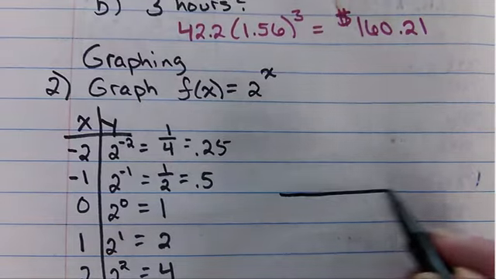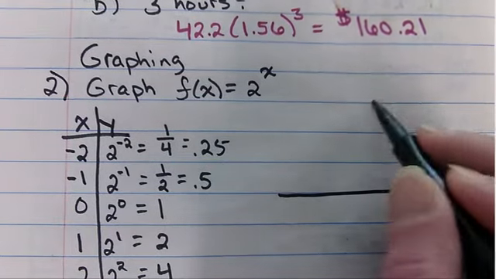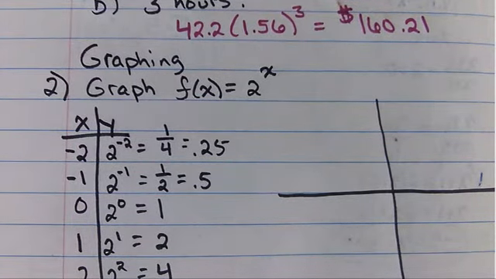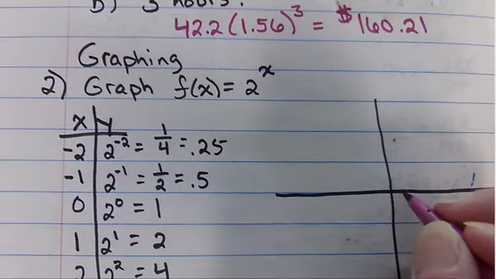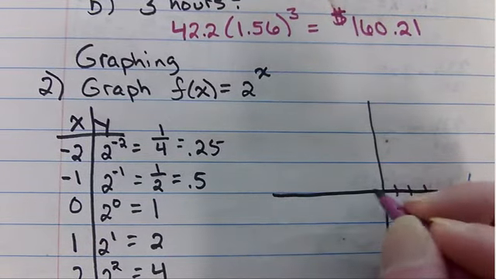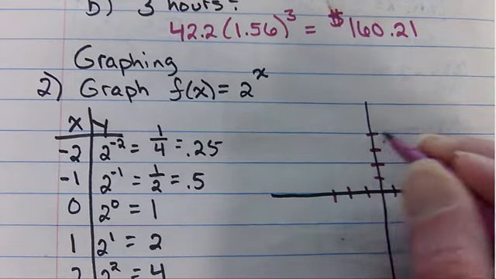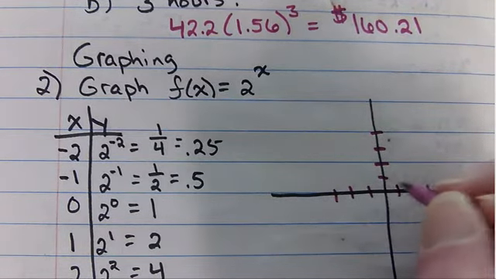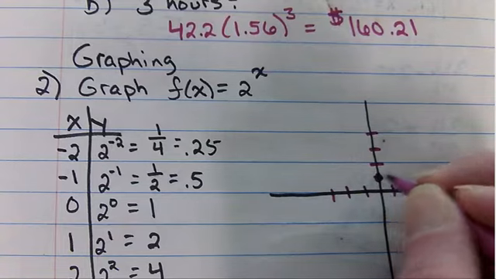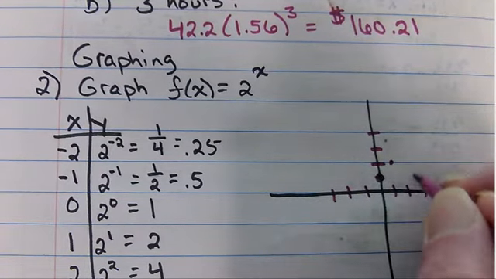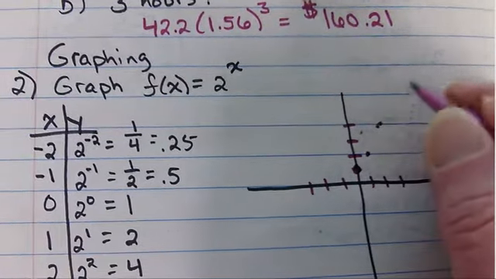So looking at the graph and looking at the table, when x is 0, I'm at 1. Then I'm at 2, then it jumps to 4, then the next one will be at 8.